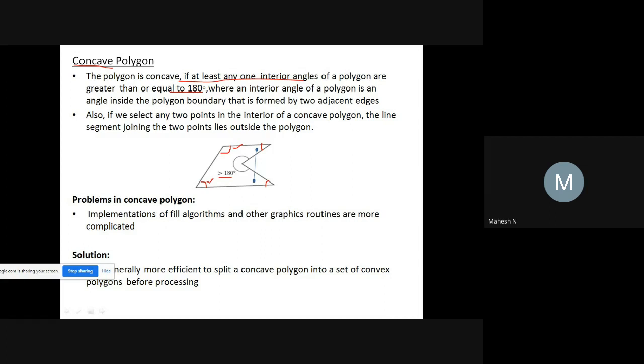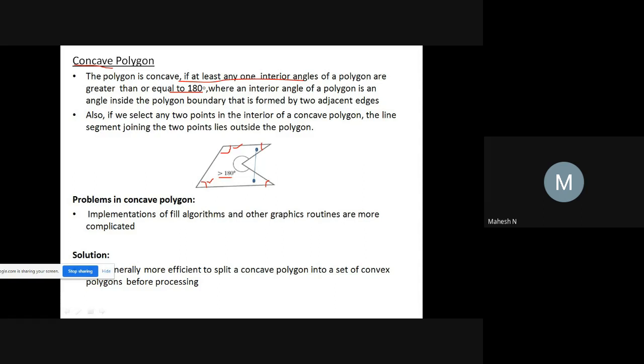Any one angle, not all the angles. This may also be an MCQ question. In a concave polygon, the first option: the angles between all the edges should be greater than or equal to 180 degrees.